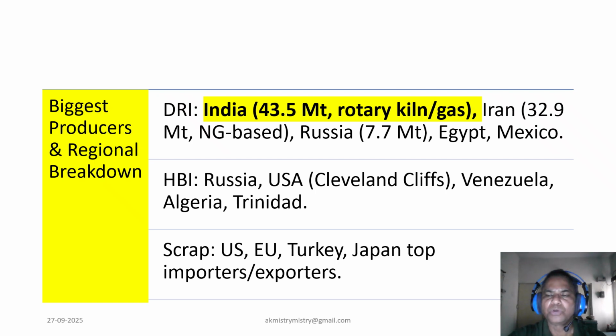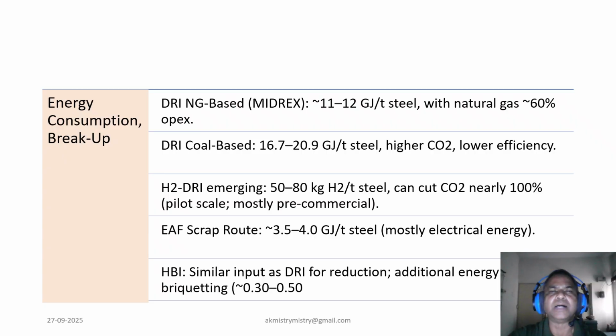Now coming to our energy consumption part, there we can see that energy consumption is a major differentiator. Gas-based DRI requires around 11 to 12 gigajoules per ton of steel, while coal-based DRI is much higher, up to around 21 gigajoules, with heavier CO2 emissions.